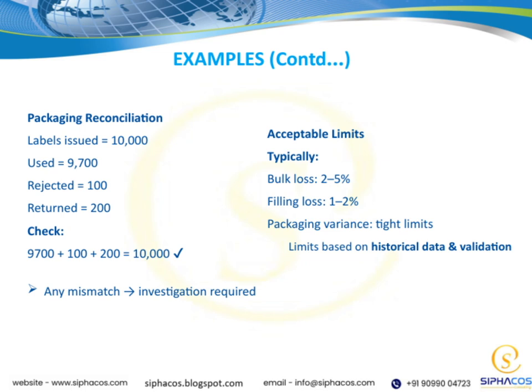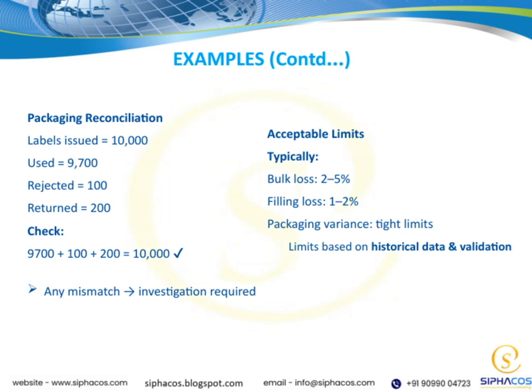Moving on to packaging reconciliation, this is a critical step. For example, if we issue 10,000 labels, we need to track how many are used, rejected, or returned. In this case, 9,700 labels were used, 100 were rejected, and 200 were returned. Adding these up, 9,700 plus 100 plus 200, we get exactly 10,000, which matches the issued amount.